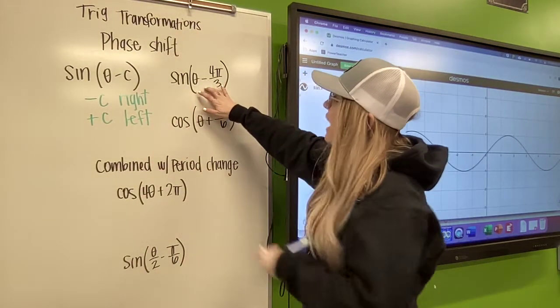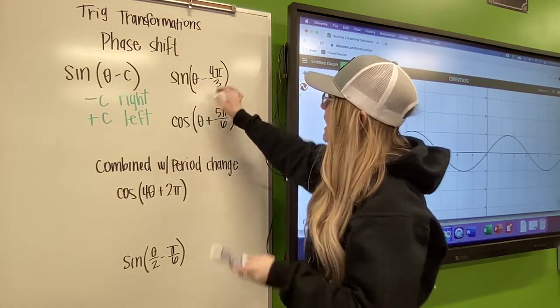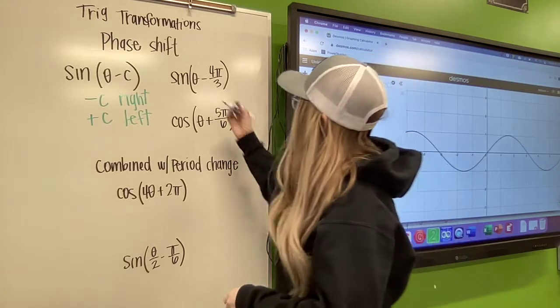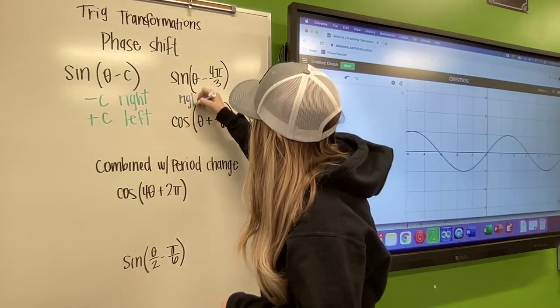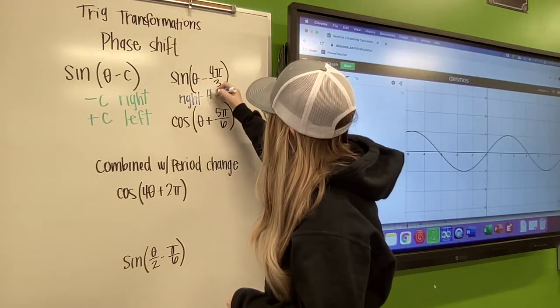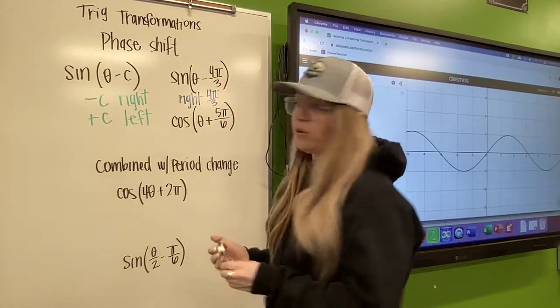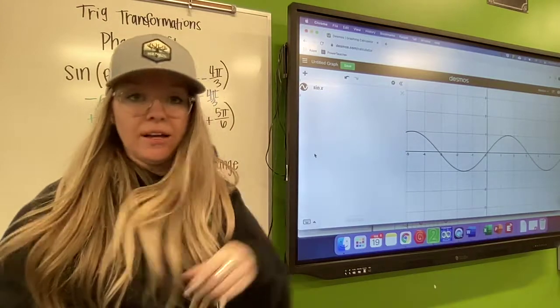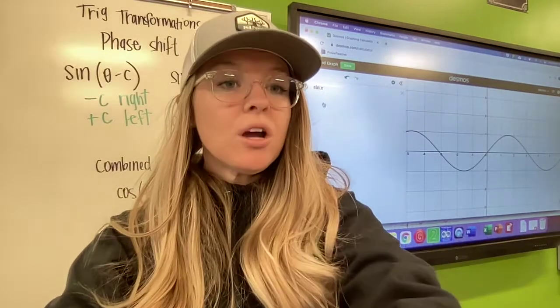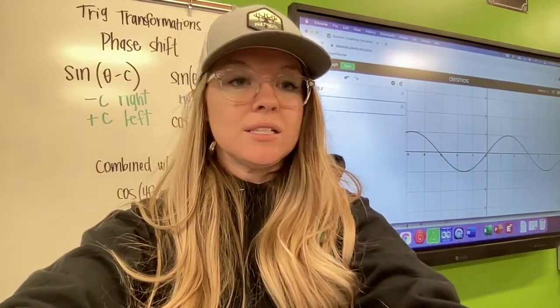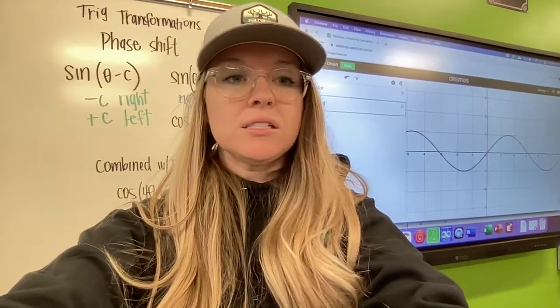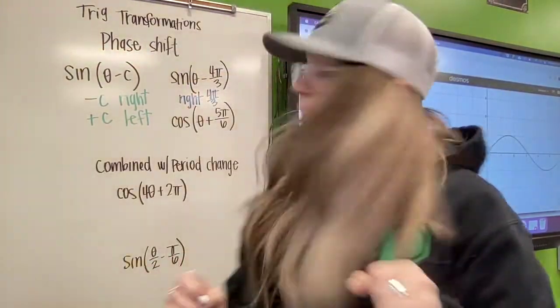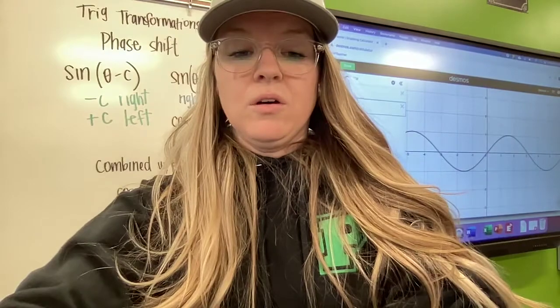So here, I have an example. I have the sine of theta minus 4 pi over 3. So this is gonna tell me my graph is gonna move to the right 4 pi over 3 radians. I've already got sine up on our graph here, and so I'm gonna go ahead and move it: sine of x minus 4 pi over 3.